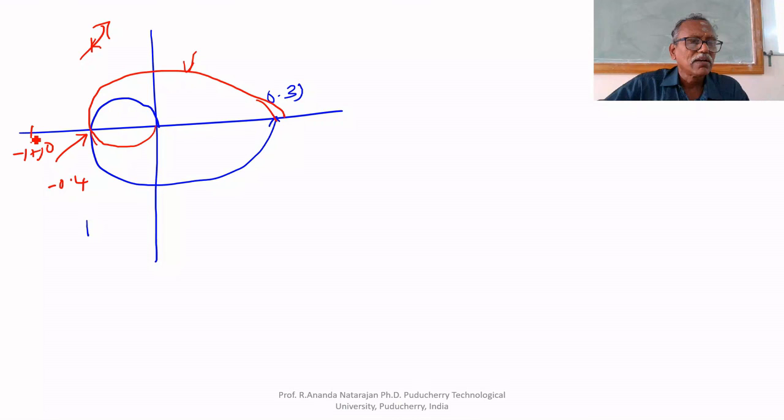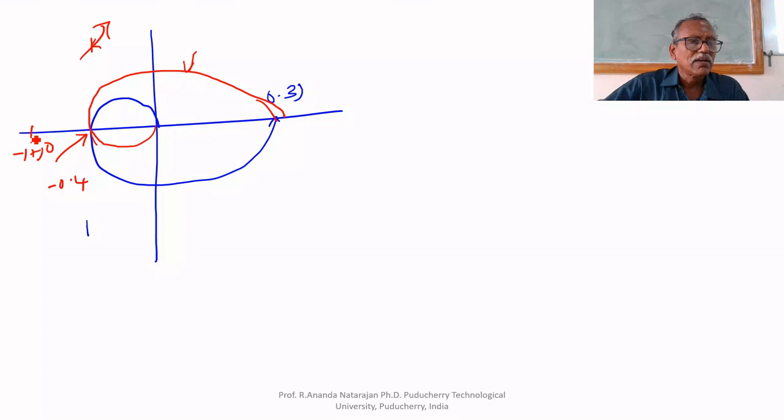To find the range of K, we should plot for K equal to 1. That I already told you. That 0.4 must be divided by 2, that is equal to 0.2. Or if you substitute K instead of 2, what you will get in the modulus of this value is 0.2K.